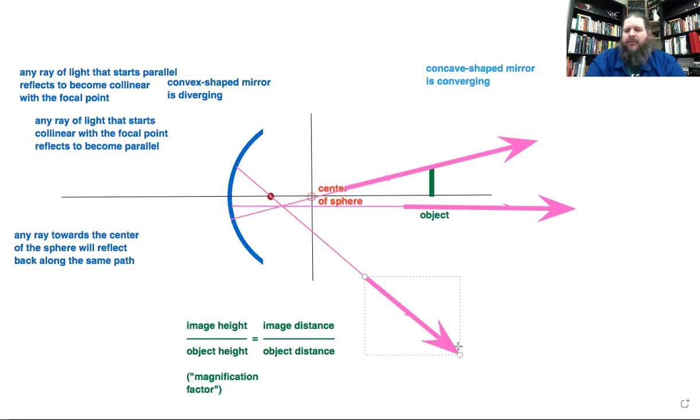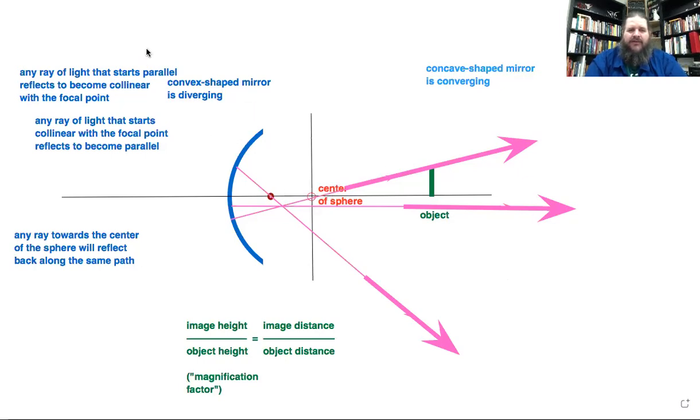And again, remember the rays originally came from the object, but it looks like, yeah, this point in front of the mirror here, where those pink lines intersect, that's where all three of these rays of light seem to be coming from. So we would call that location the image.